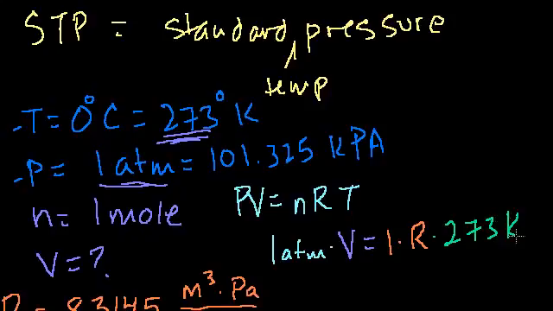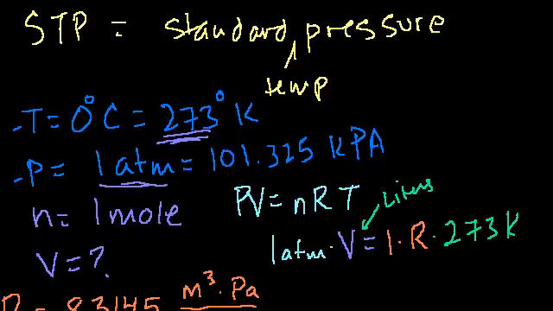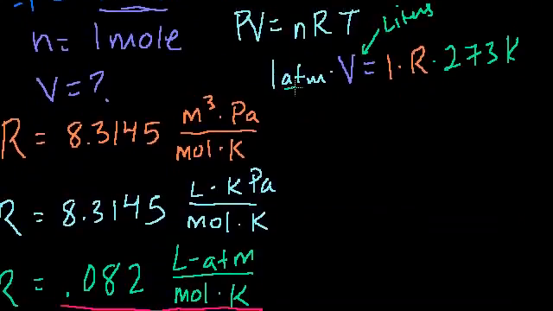Now, this is in Kelvin, this is in moles, and we want our volume in liters. So which version of R should we use? Well, we're dealing with atmospheres, we want our volume in liters, and of course we have moles and Kelvin. So we'll use this version, 0.082.